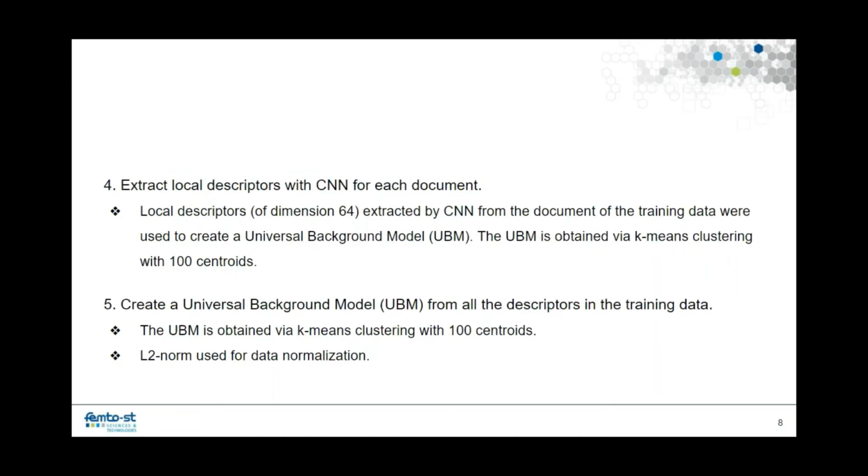Then we extract the local descriptor using the CNN. We used an array of 64 descriptors for each document to create the universal background model. We used k-means to obtain the UBM.